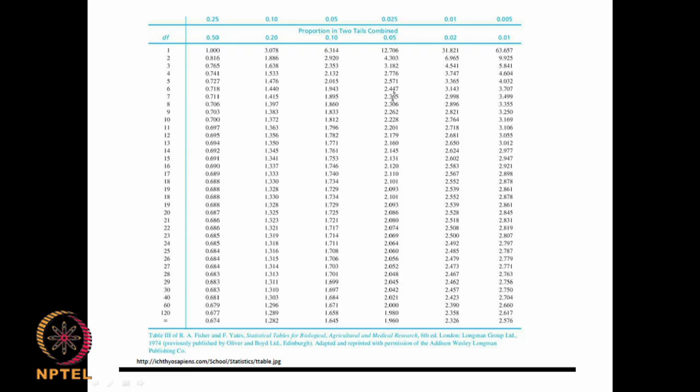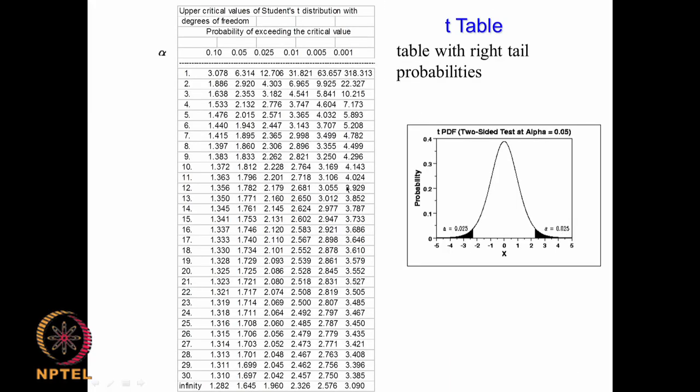Or we can use this another table, which gives you the outside portion. Again you can see 0.025 relates to one tail, so for two tail it is 0.05, so 1.96 is the T value.